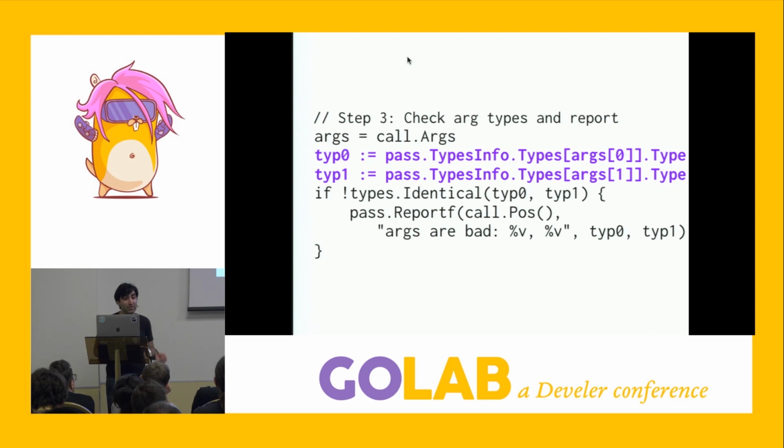Now we know the types of the two arguments. And all we have to do is check to see if the types are the same. And if they aren't the same, we're going to report to the user that there's something wrong. We'll tell them where that wrong thing is, passing the location of the function call in the code, and we're going to give this message, which is printed out in the diagnostic.